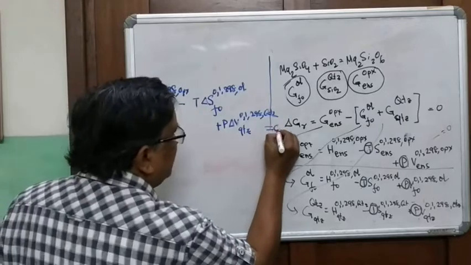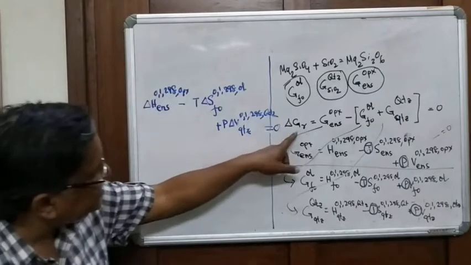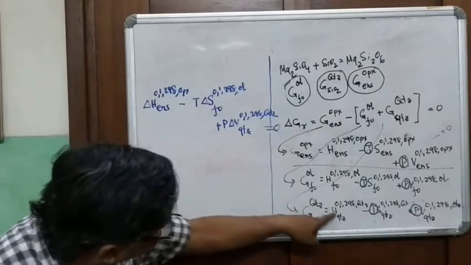And this is equal to 0 because delta G R is equal to 0. And this we have replaced by this.